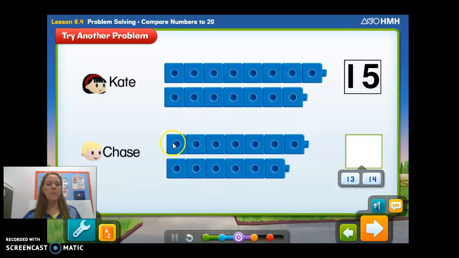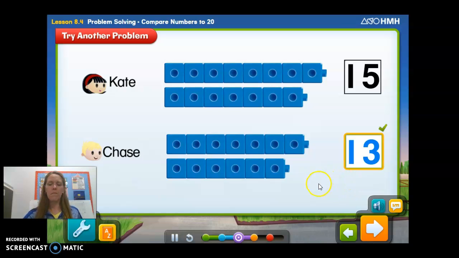Let's see if you were right. 1, 2, 3, 4, 5, 6, 7, 8, 9, 10, 11, 12, 13. So hopefully you said 13 was 2 fewer than 15. And hopefully you think this is the number 13. Good job. There are 13 cubes for Chase's 13 apples.